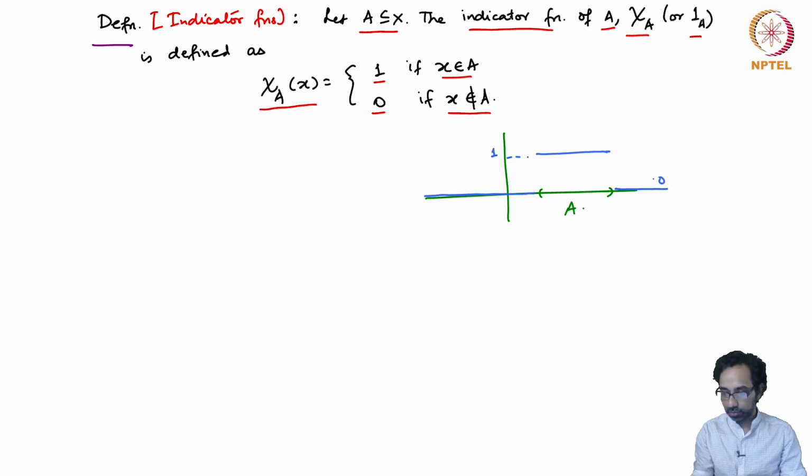So this is the indicator function chi_A.